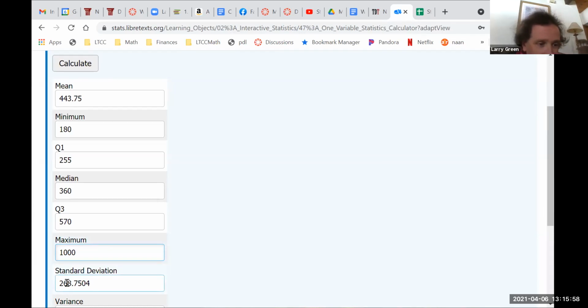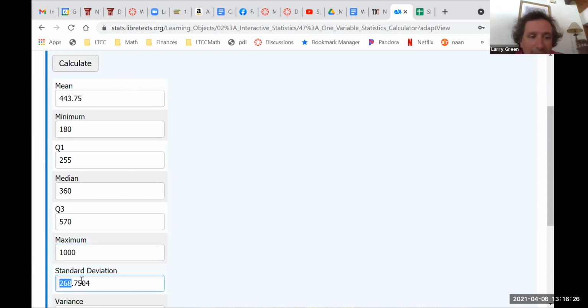Then there's the standard deviation. Okay, I want to double highlight this. So standard deviation is the key difficult statistic in the first half of the class. And what it tells you is how far apart the data tends to be from the mean.